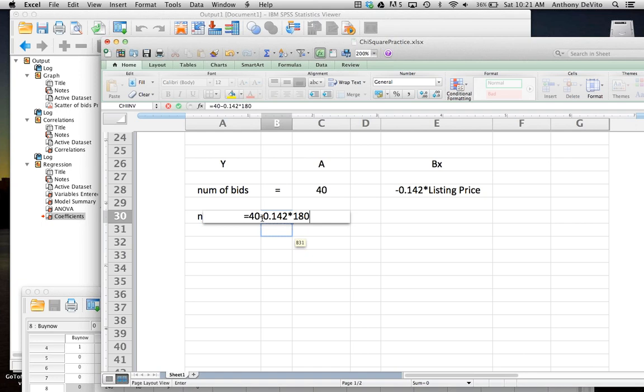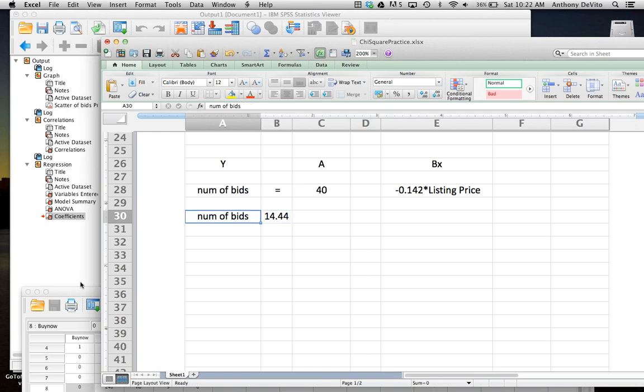Okay, so now let me see if I got that right. 40 minus 0.142 times 180. I'm not going to bother with parentheses because Excel is going to do the multiplication first and then the subtraction, which is the way I want it anyway. So I think I can get away with it. I would expect 14.44 bids.